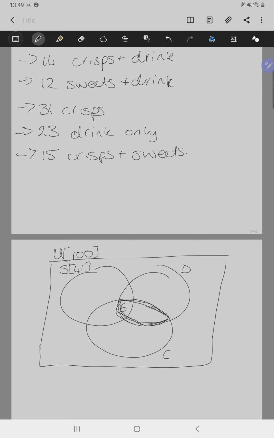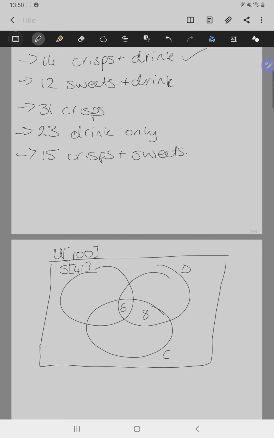So that is the section of the set that is in both crisps and drink. But the handy thing here is that we know 6 people out of those 14 have bought sweets as well. So that means the remaining 8 people have to be in drinks and crisps, but not sweets, because these 2 sections here have to add up to 14.